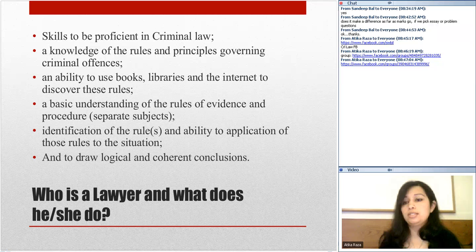You should know that if I apply this law to this offense this way, what kind of outcome it's going to bring about. If you have a client, how this rule is going to help him, or how this particular rule is not going to help him, and whether the offense he has committed has some defenses that you can raise. And all of that stuff we will also be covering later on in the lectures.